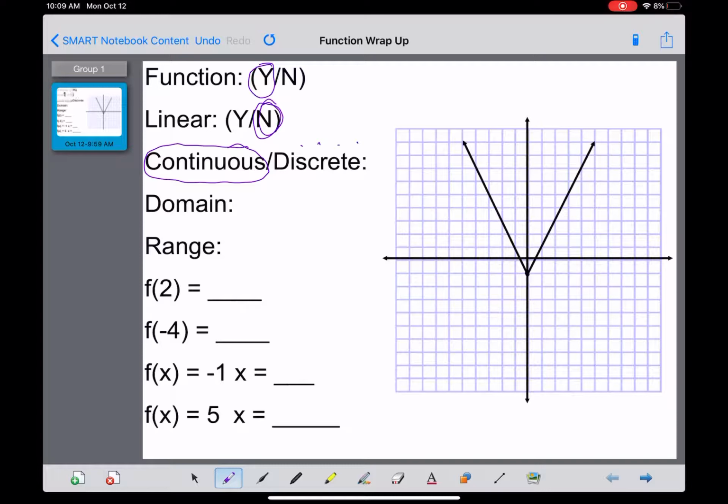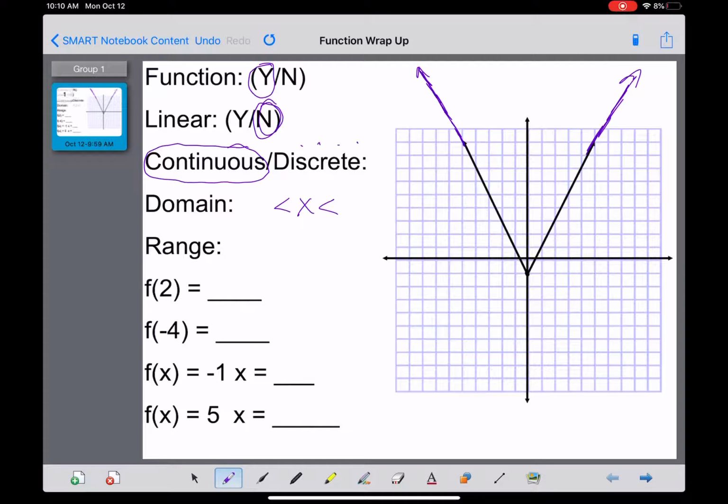Our domain is looking at our x values, so I'm going to set up our interval. This one we haven't covered before, so if we can imagine, since these are arrowheads, we're going to extend all the way to the left, forever and ever, and all the way to the right, forever and ever. The arrowheads just mean it's going to keep going and going.